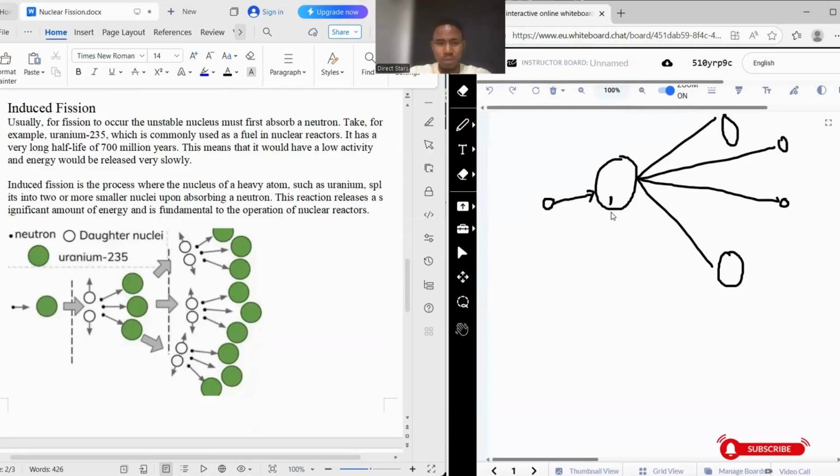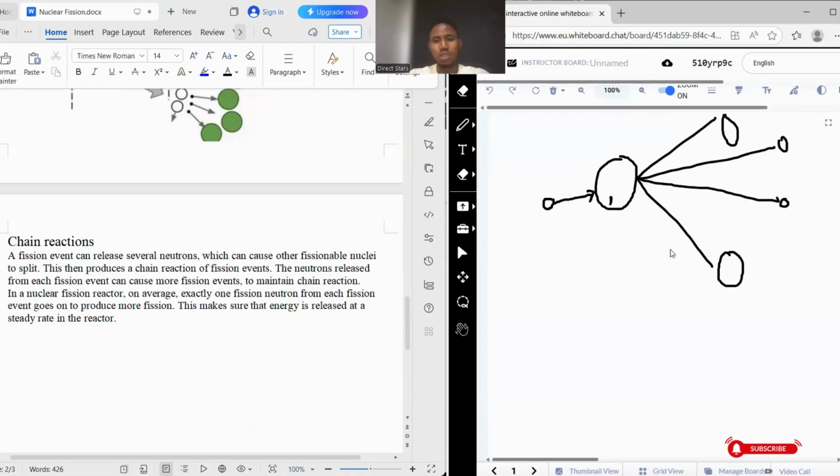Now this is the neutron, this is the big atom itself. With a little impact coming from the neutron, it gives birth to these daughter nuclei with a neutron each. These neutrons can still collide with the daughter nuclei to give other nuclei with a neutron each, and this happens like that. So this is what we call induced fission.